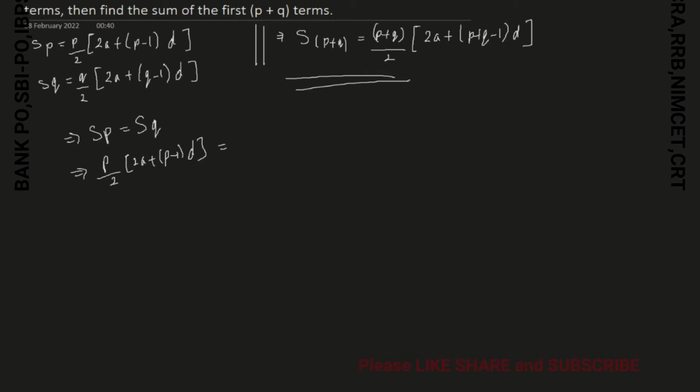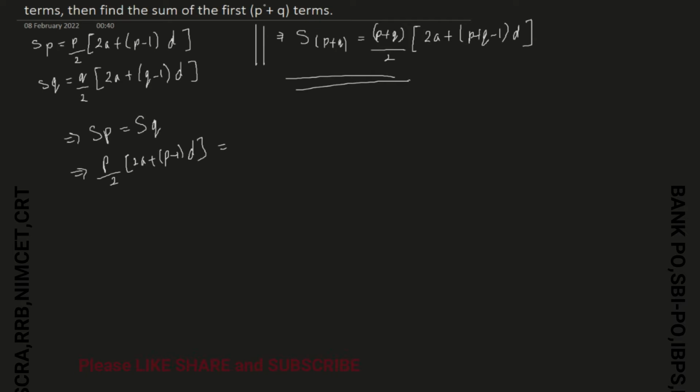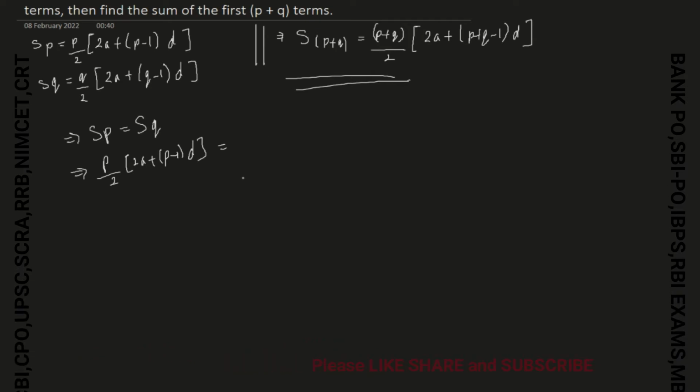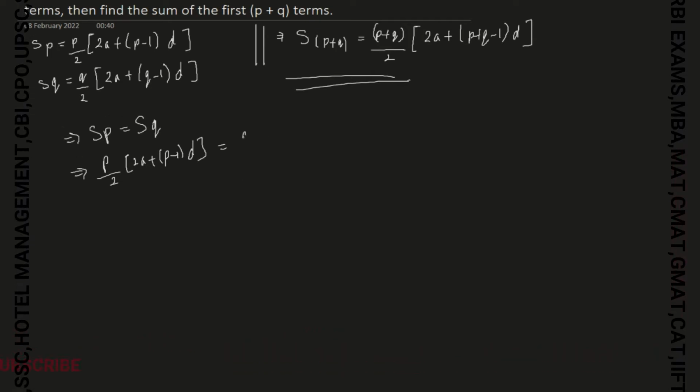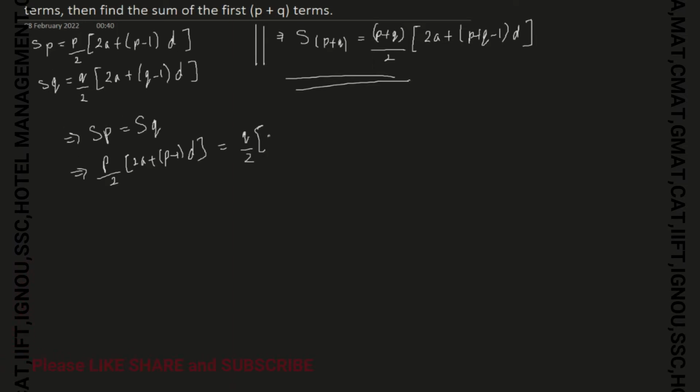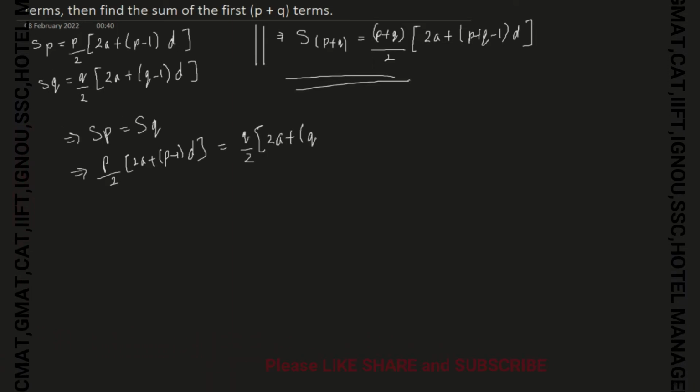So the first term and the common difference are the same, because this is the sum of P terms and the sum of Q terms from the same AP. I hope you understood. So equal to Q by 2 bracket 2A plus Q minus 1 into D.